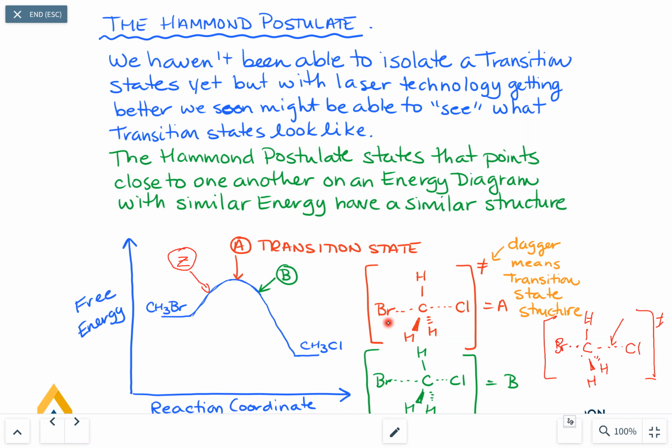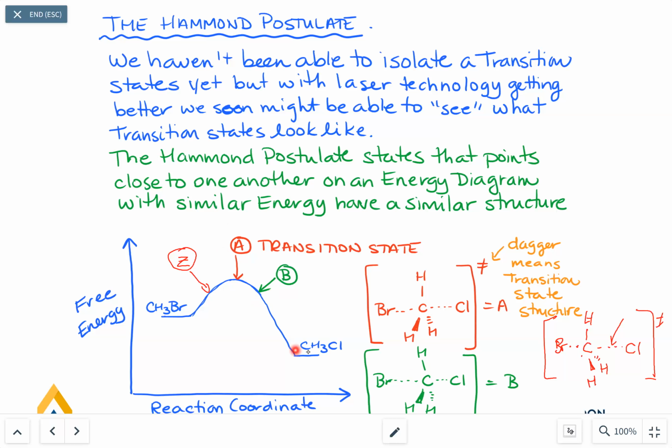So the Hammond postulate is basically saying that you choose the two, either the starting material and the intermediate, or the intermediate and the product, and you base the transition state structure off of which one it's closer to. So in this case, it's right in the middle, and so it's something which doesn't look like anything. Like it's a trigonal bipyramidal structure where these bonds haven't fully formed or broken yet.